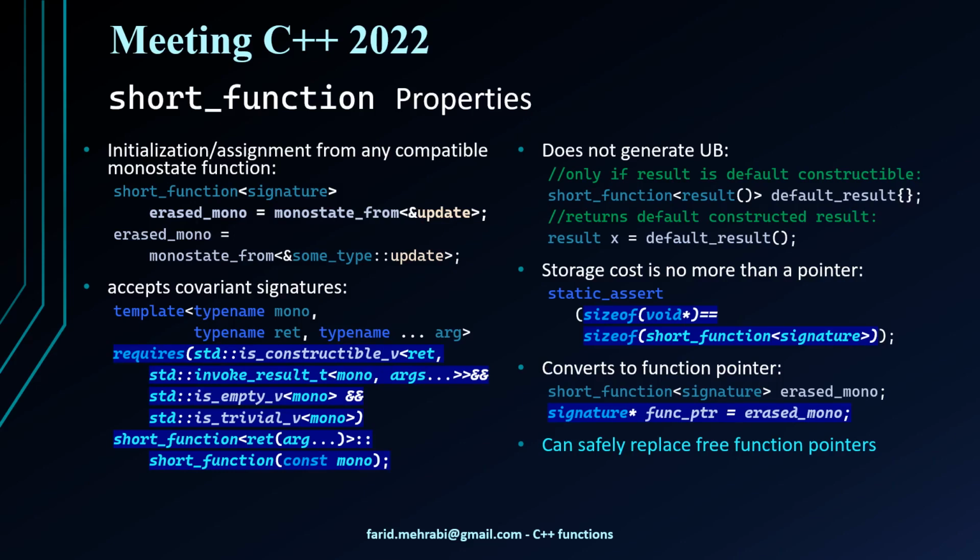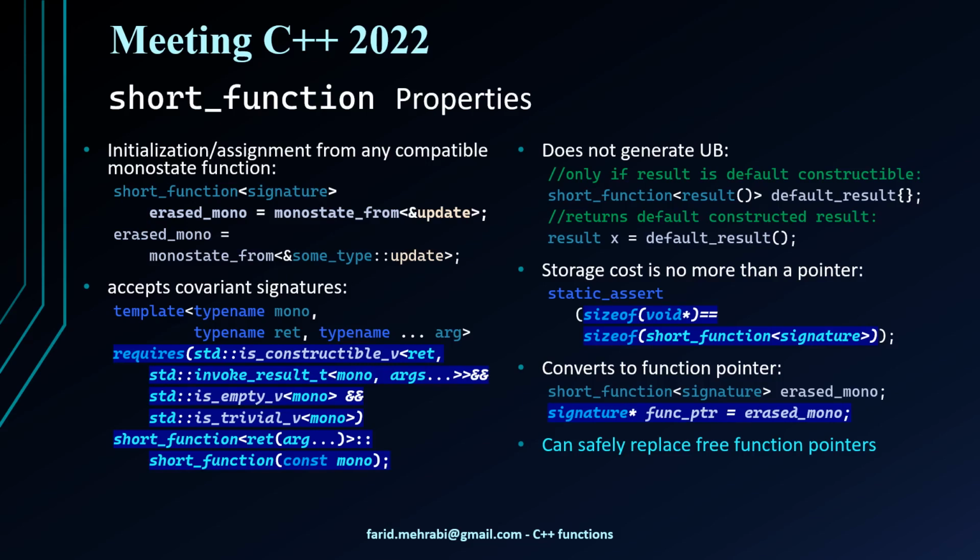The signature of a stored monostate function is not supposed to be exactly the same as the signature specified for the short function. It can store any monostate function provided that the stored monostate function is actually invocable with the arguments required for the signature of the short function, and its return type is convertible to the return type of our signature.